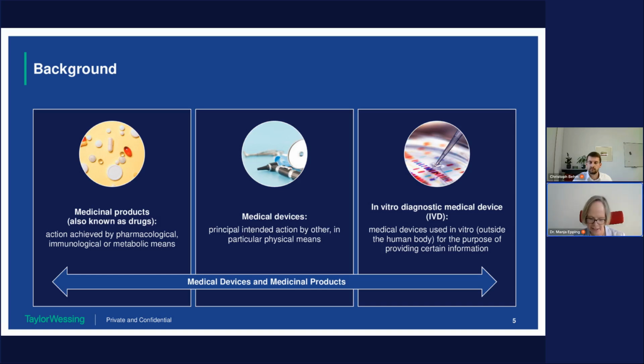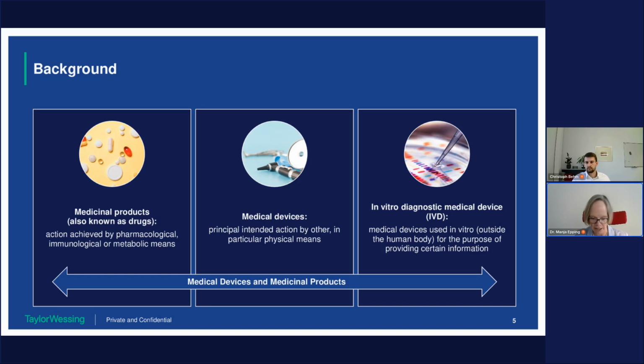In the beginning, I would like to start with an overview of the different products that we will encounter today. First of all, as you know, there are medicinal products, but there are also medical devices. Although the names are very similar, these are different categories of products.